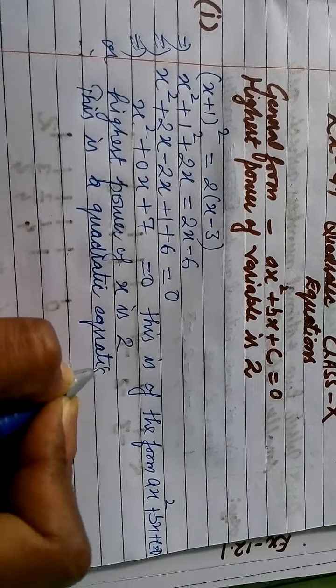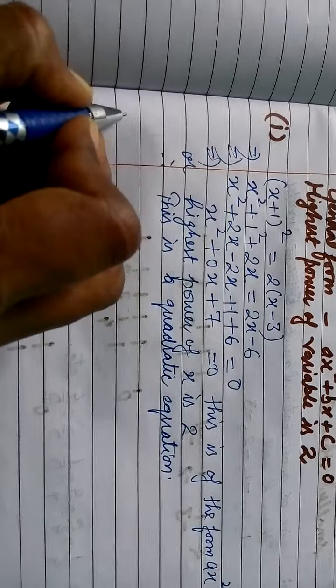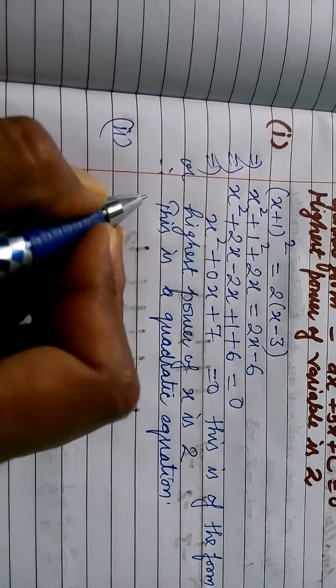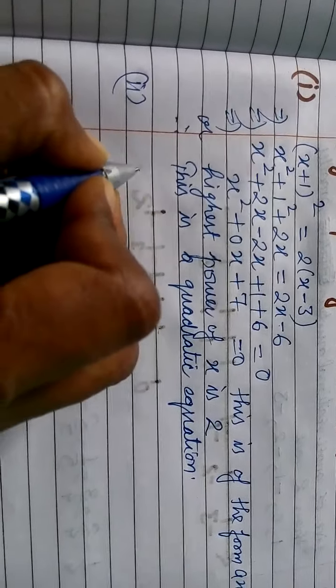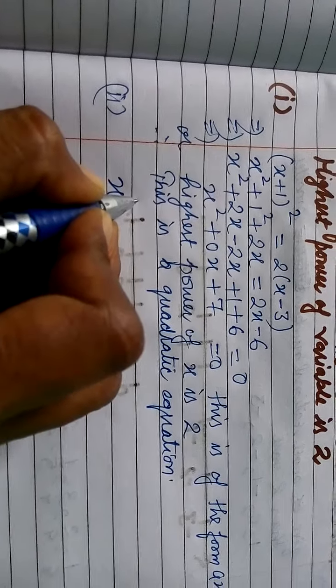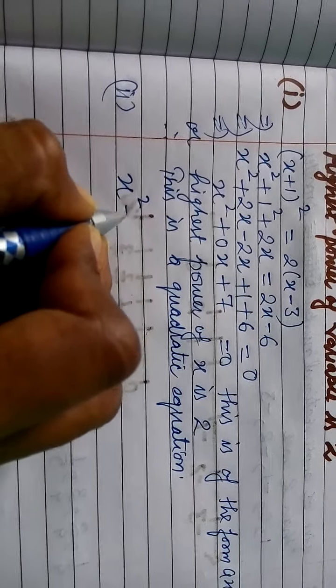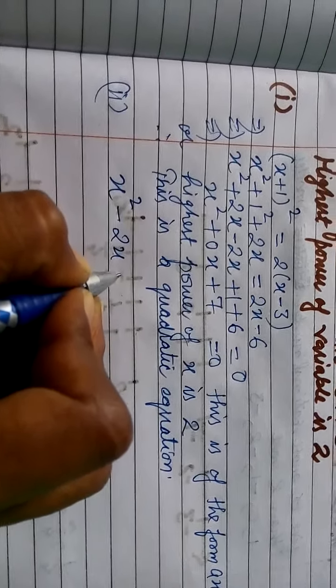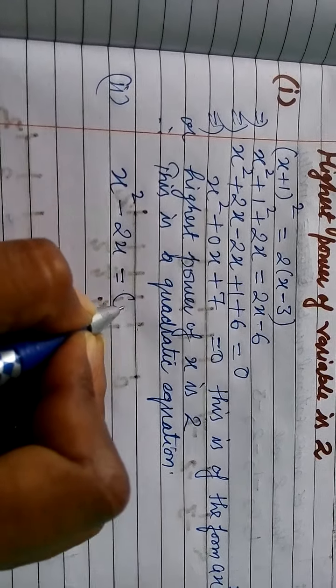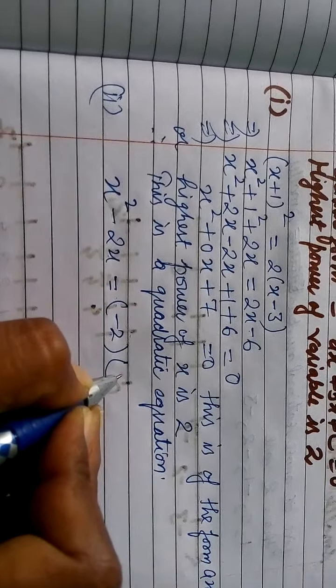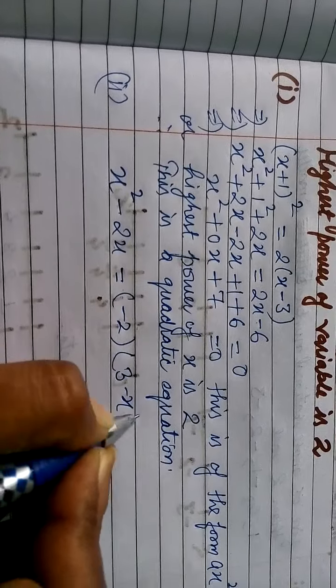You have to just simplify and use the basic rules. Now let us move towards the second part. The second part is x square minus 2x is equal to minus 2 into 3 minus x.